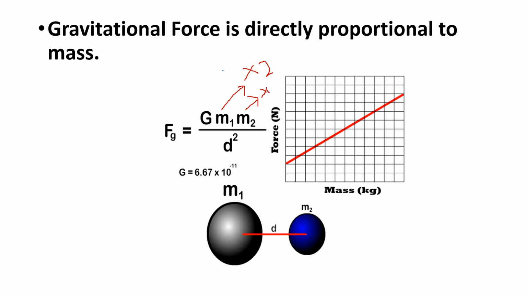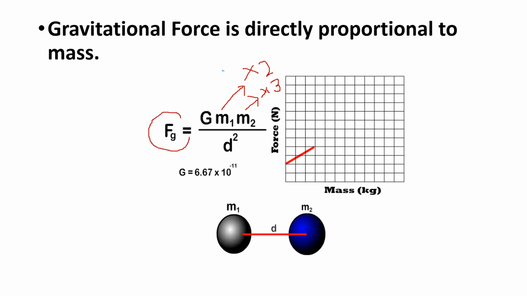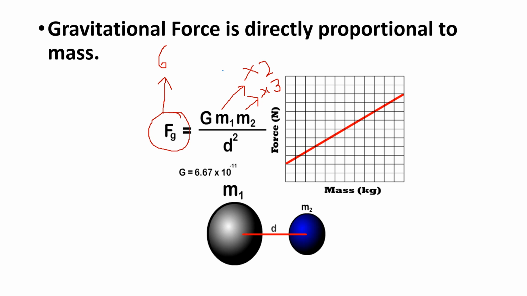Now, if you find the overall force of gravity in this case, it's going to be 3 times 2, which is 6 times the original value of gravity that existed before the two masses were increased. Whatever amount by which you are increasing each of these masses is going to reflect on the overall value of the force of gravity.